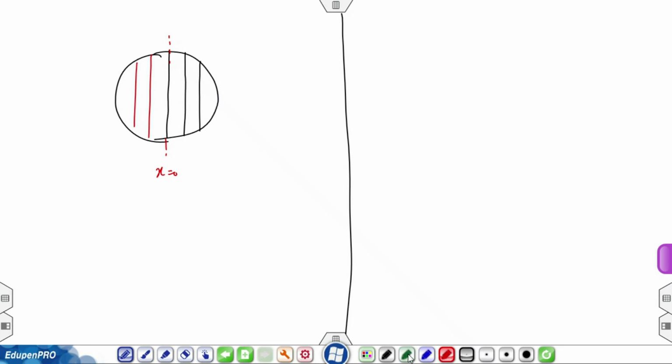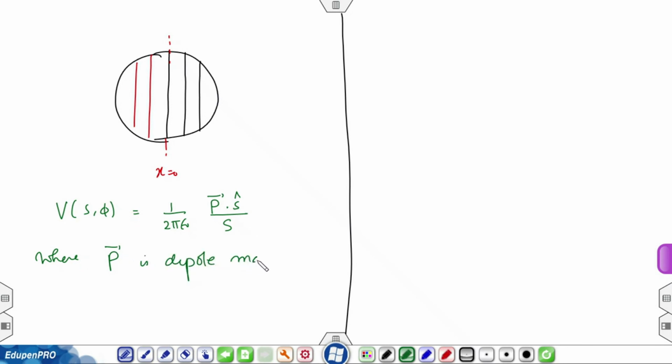You can also show that the potential V as phi is actually equal to 1 over 2 pi epsilon 0 P dot s over s, where P is the dipole moment of the charge distribution per unit length.